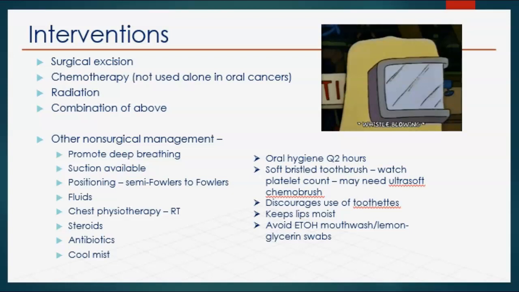So other non-surgical treatments, a lot of these are basically, if we're doing radiation or chemo, you always have to promote deep breathing. And why do we do that? Because we don't want them getting pneumonia if they are sitting around. Suction available. Why is that? Because if they have those thick secretions, we can get them out.